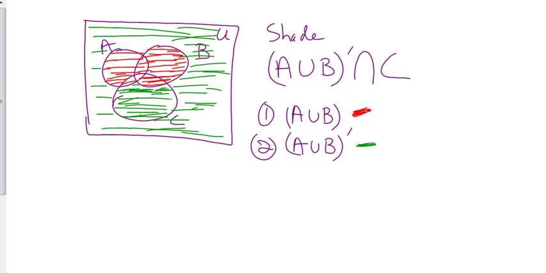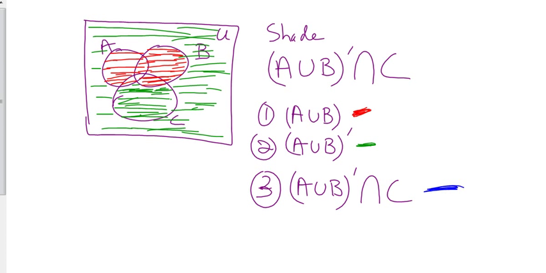And now we want the intersection of that with C. So let me do step 3. So where does that intersect with C? Any colors left? So I've got blue left, right?